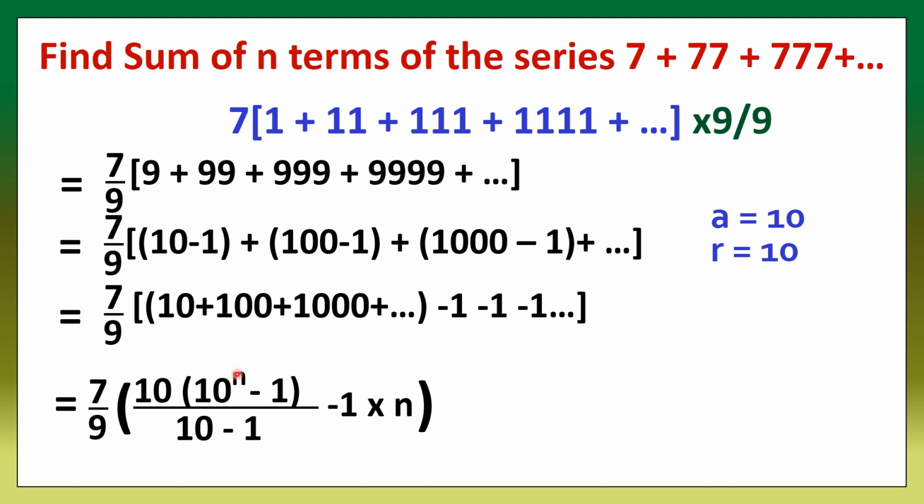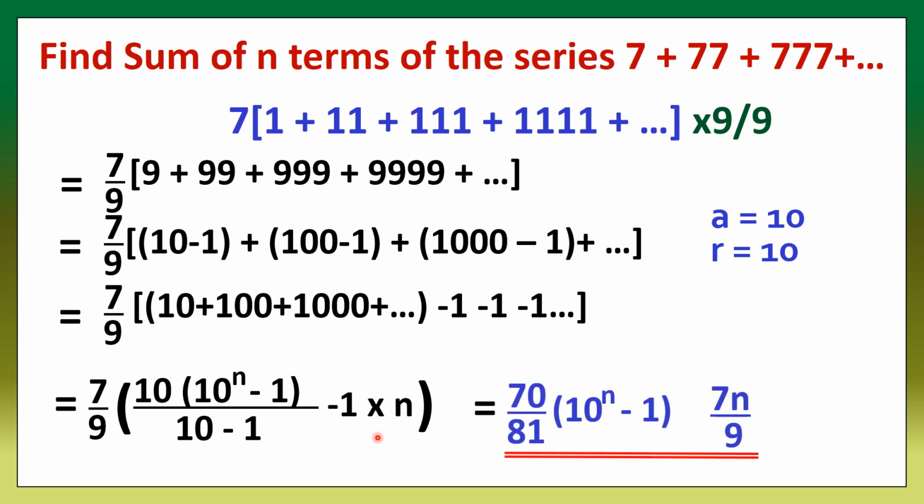N is unknown, so n is kept as such. 10 raised to n minus 1 divided by 10 minus 1, minus 1 into n. We do not know how many minus 1s are there, so minus 1 into n terms. Up to n terms, there will be minus 1. And on solving it, we get 70 divided by 81 into 10 raised to n minus 1, minus 7n divided by 9.